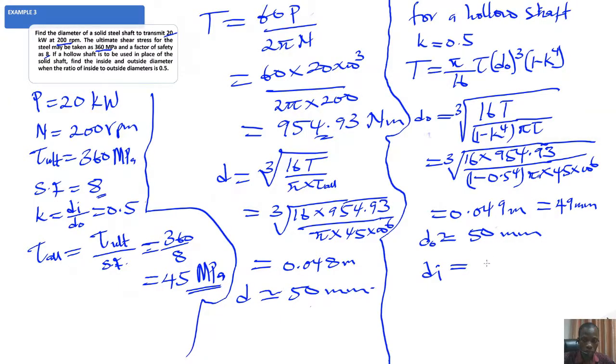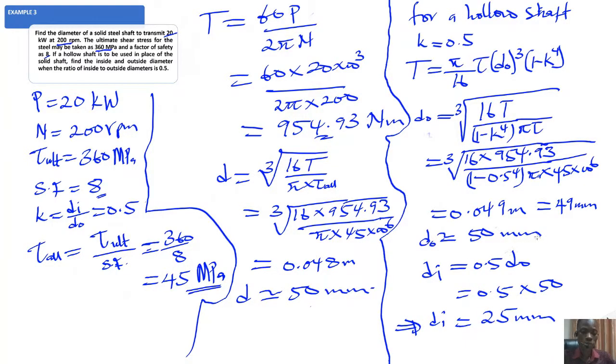So Di will be equal to 0.5 D naught, and that is 0.5 times 50, and this will give us 25 millimeters. So we have Di equal to 25 millimeters.